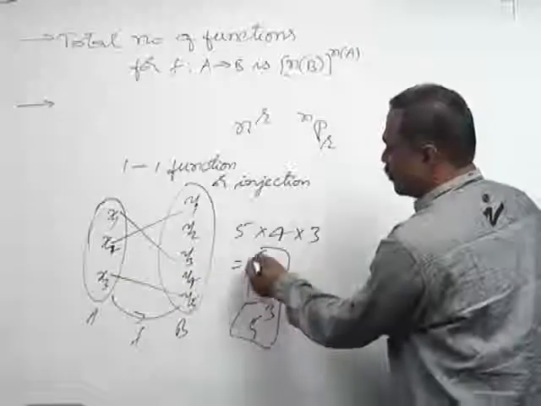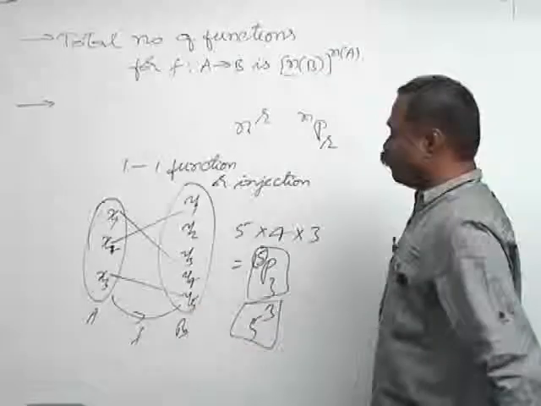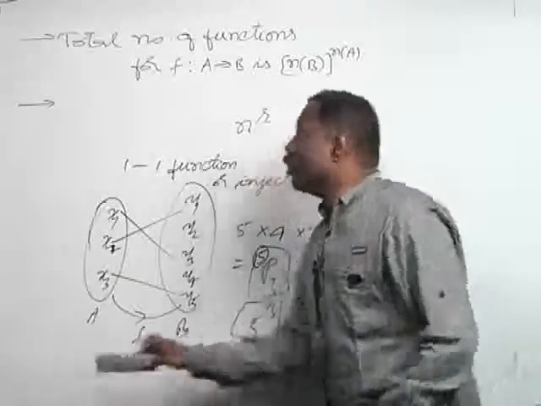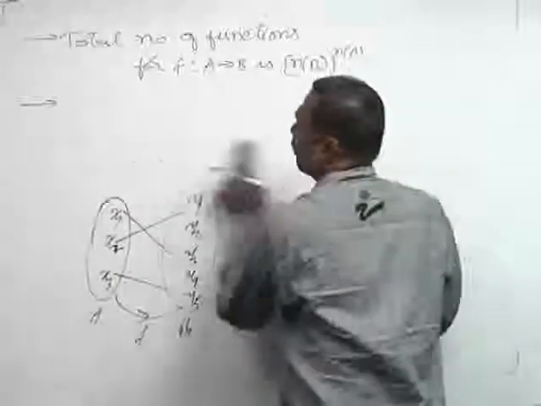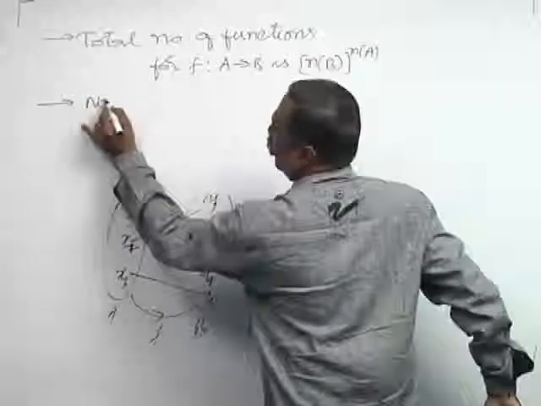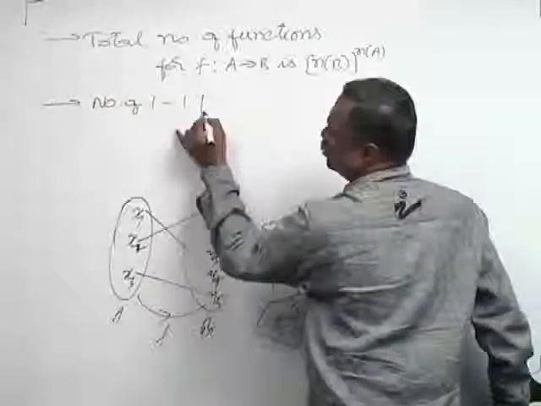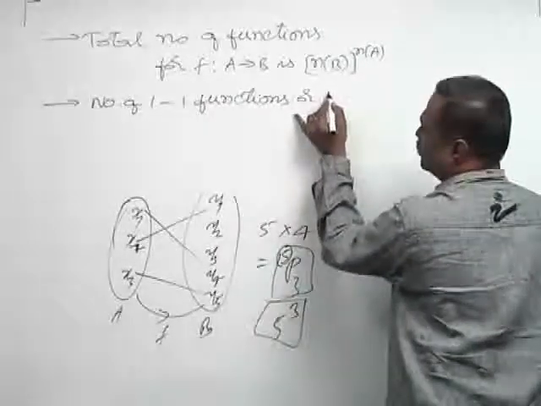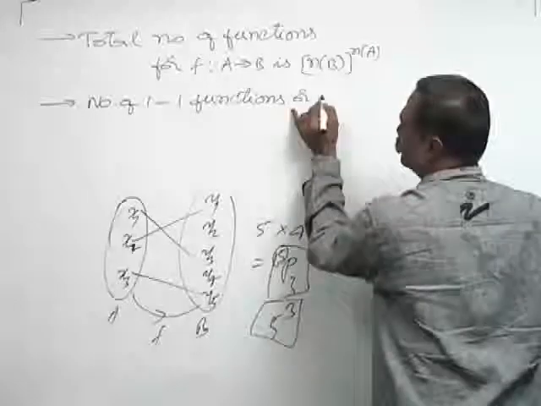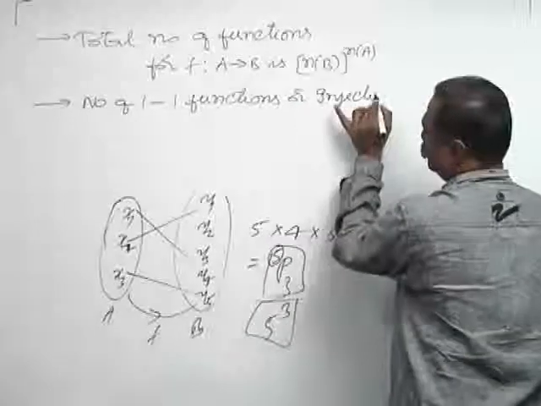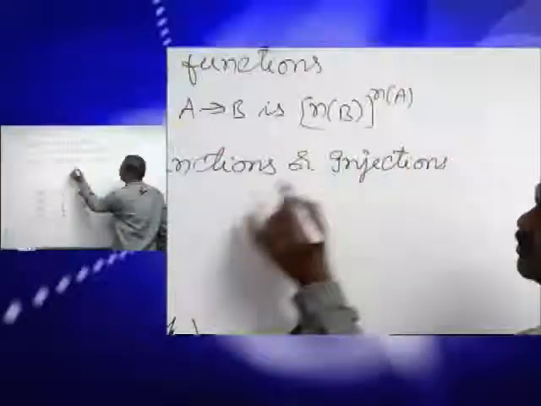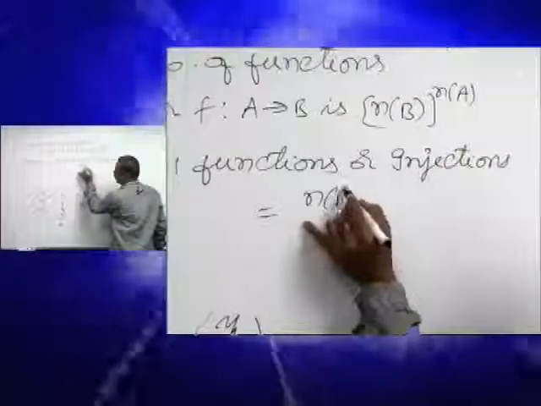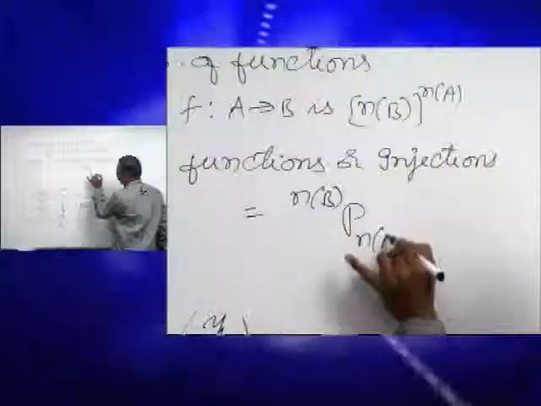So I can say this 5 is nothing but n of B and 3 is nothing but n of A. So the number of 1-1 functions or injections is equal to n of B P n of A.